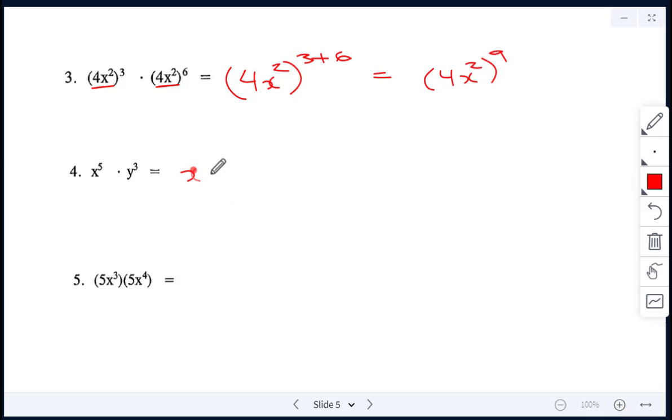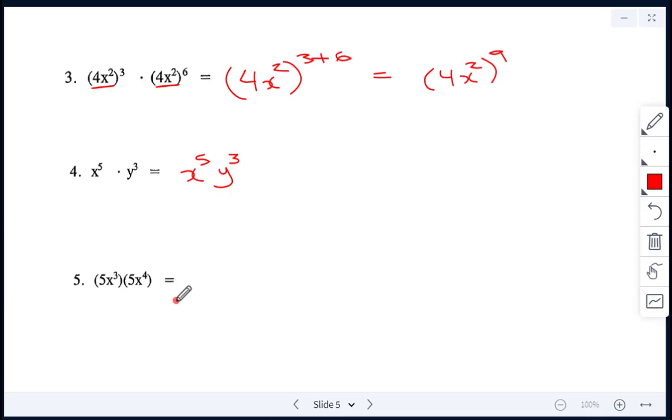So we can just write this out as x to the power of 5, y to the power of 3. Again, we cannot simplify this further because the bases are different. This is a base of x, this is a base of y. We're just going to leave it as is.